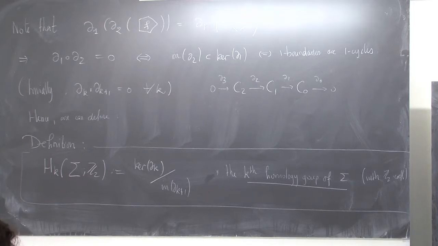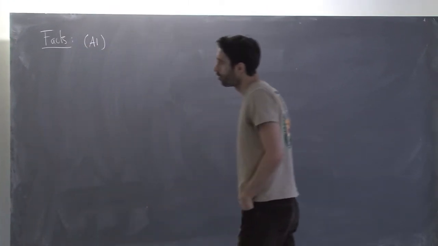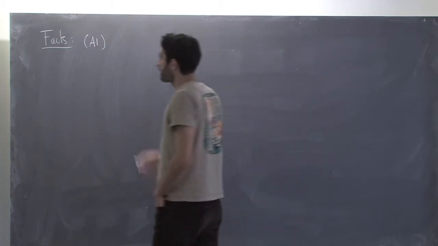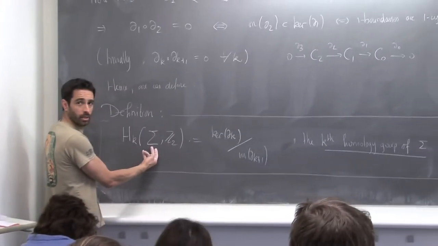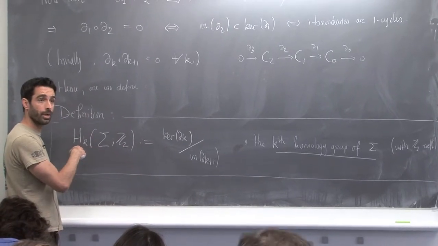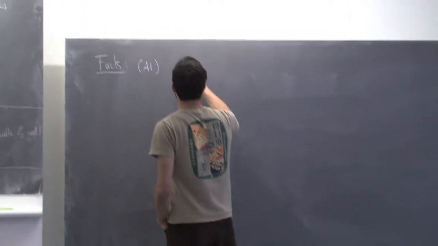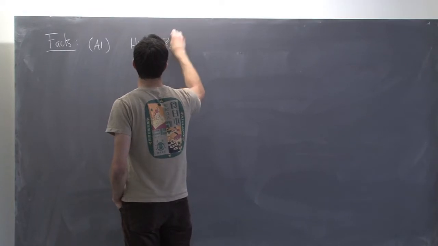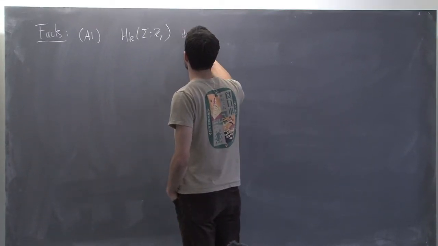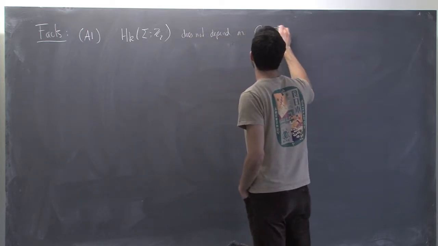Okay, so now I'm going to give you some facts. Fact A1, which is the most difficult one to prove, is that, as you can guess because I didn't write H_k of G, I wrote H_k of sigma, this thing does not depend on the graph G we started with in the surface.